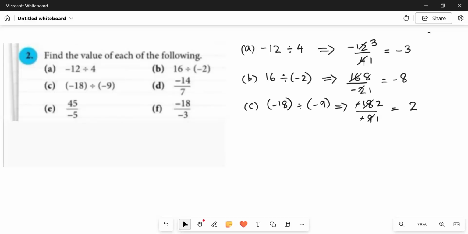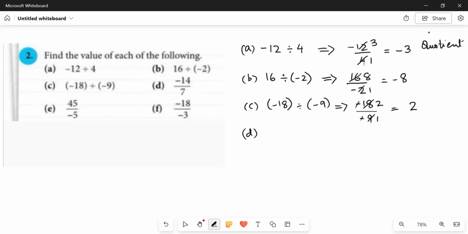So you see, if both the integers are negative, in the cases of multiplication or division, we will get a positive answer, right? In multiplication, we will get a positive product. In division, we will get a positive quotient. These answers to the division are called quotient. Okay? You should memorize these terms.